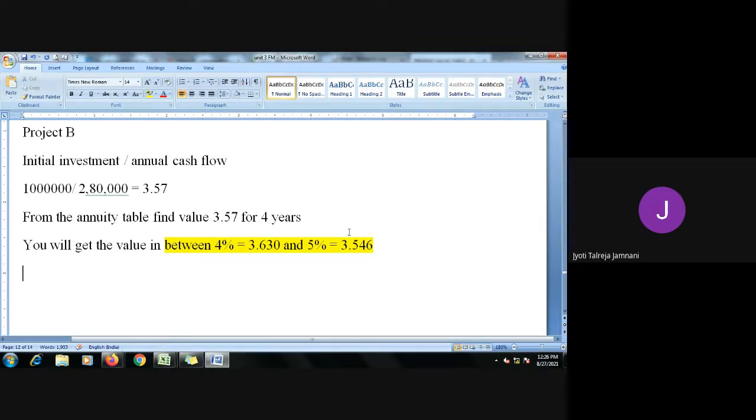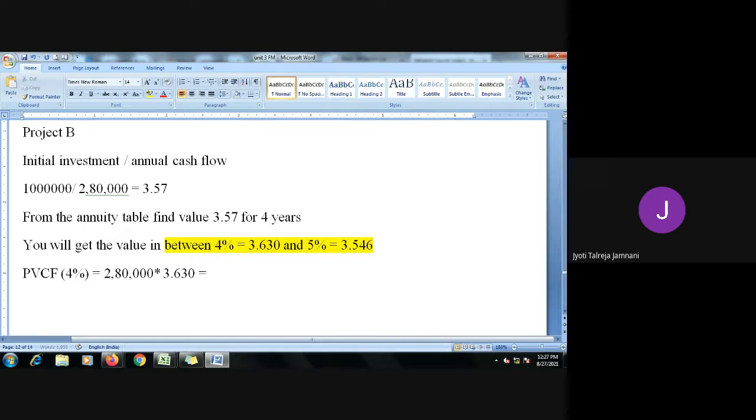So let's do first the present value of cash flows for 4%, which is equal to 2,80,000, that is your annual cash flows, into the table value, that is the present value interest factor at 4%. We have got the table value as 3.630.